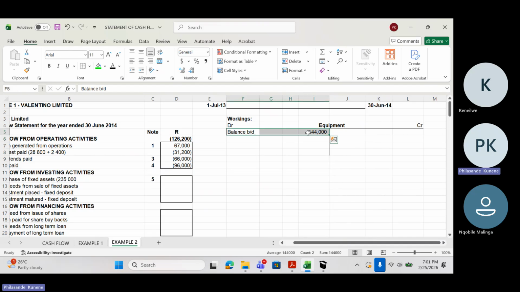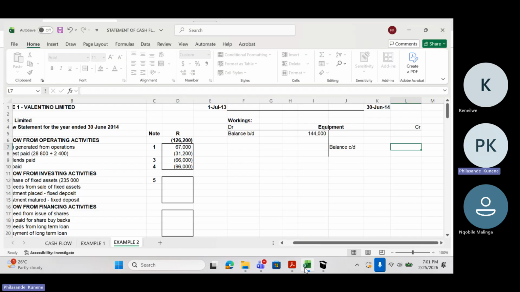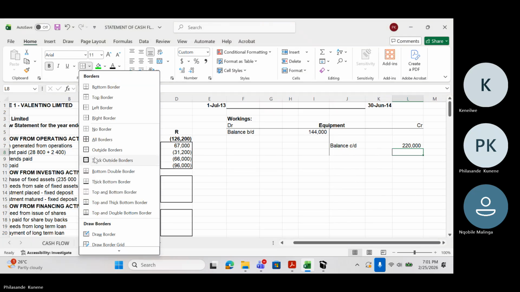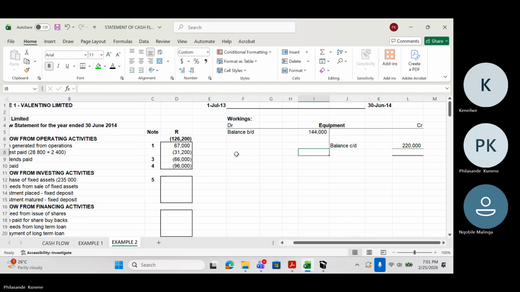There is the cost at the beginning. Do we have the cost at the end? Balance carried down. Cost at the end, how much is it? 220,000 rands. You guys can see here, 220,000 rands is the cost at the end. Then additions here.